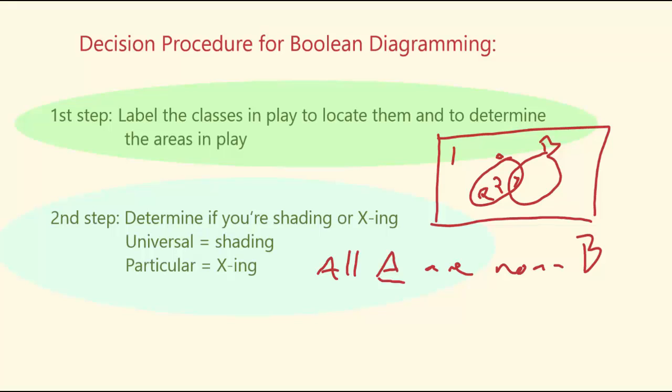Now in our second step, we want to determine whether we're going to be shading or Xing. Since we're dealing with a universal proposition, we know we're going to be shading. If we were dealing with a particular proposition, one that begins with "some," then we know that we would be Xing.